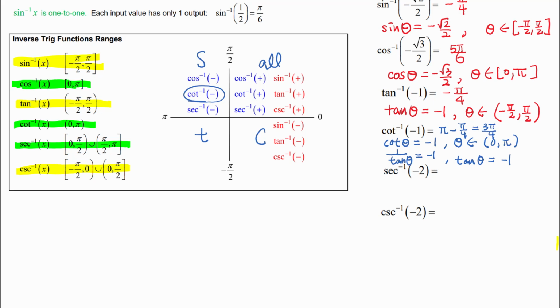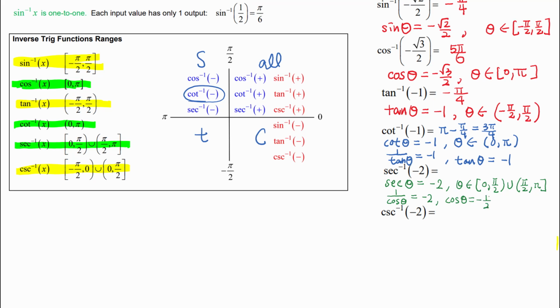Next, inverse secant of negative 2 equals what angle? That is, secant of what angle is equal to negative 2. And I need to find my angle from 0 to pi over 2 union pi over 2 to pi. And answering this is the same as 1 over cosine theta equals negative 2, which is the same thing as cosine theta equals negative 1/2.